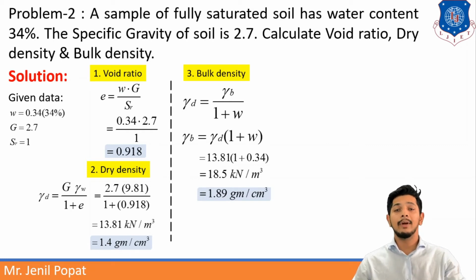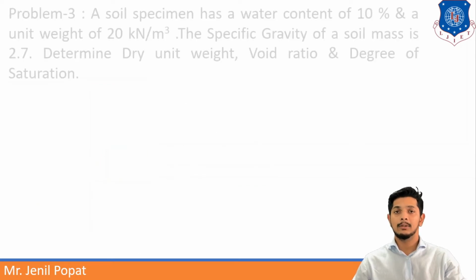I am asked to find bulk density, not unit weight. That is why I am putting 1.89 gram per centimeter cube. To convert from unit weight to density, we need to divide it by 9.81. Let us move to the next problem.